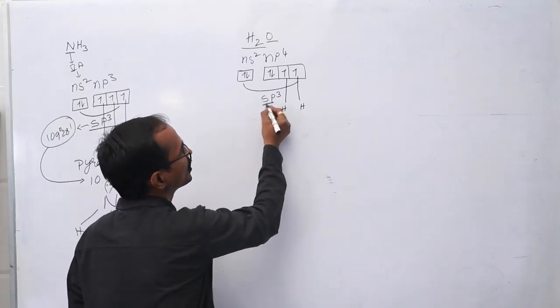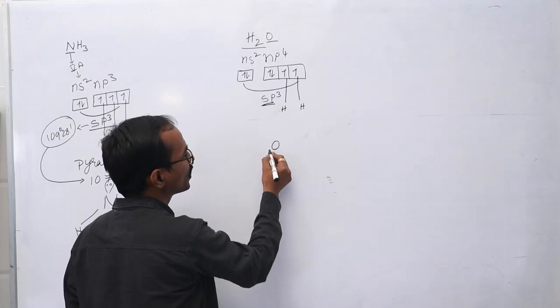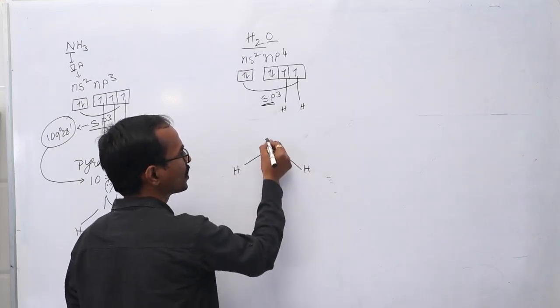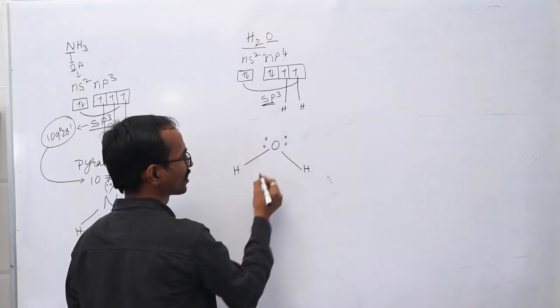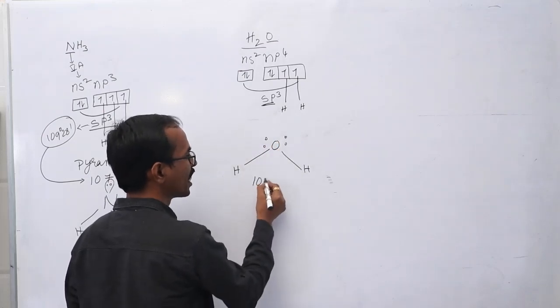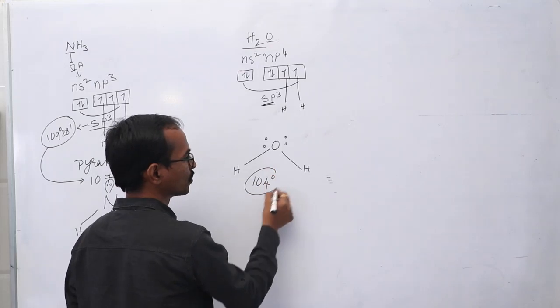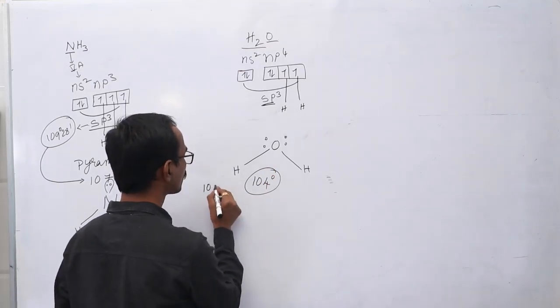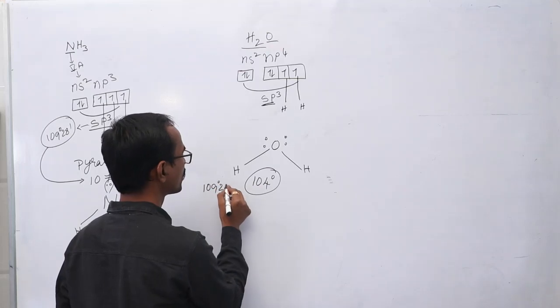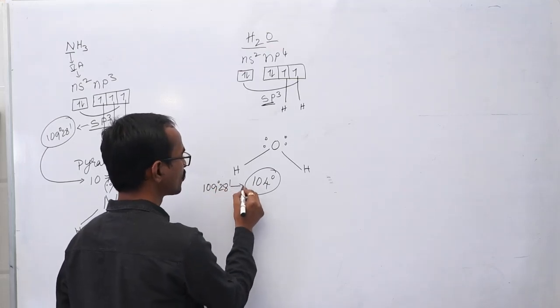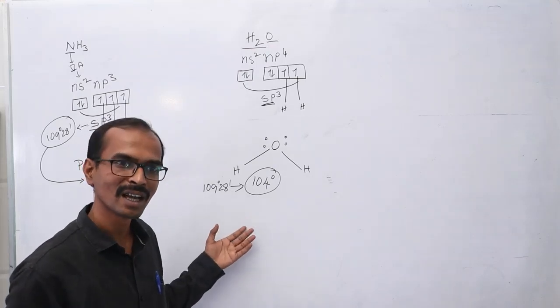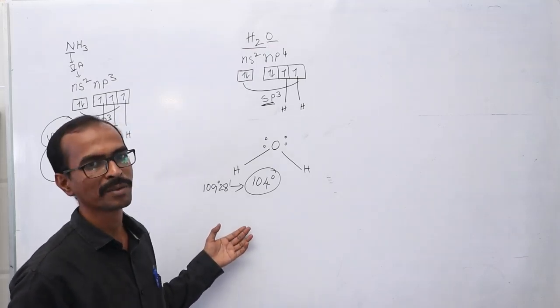After that, the 2 lone pairs of electrons are present in the oxygen atom. Because of these 2 lone pairs of electrons, the bond angle will be around 104 degrees. So the deviations in the bond angles of the ammonia and water molecule from 109 degrees to some other will be discussed in detail in the VSEPR theory.